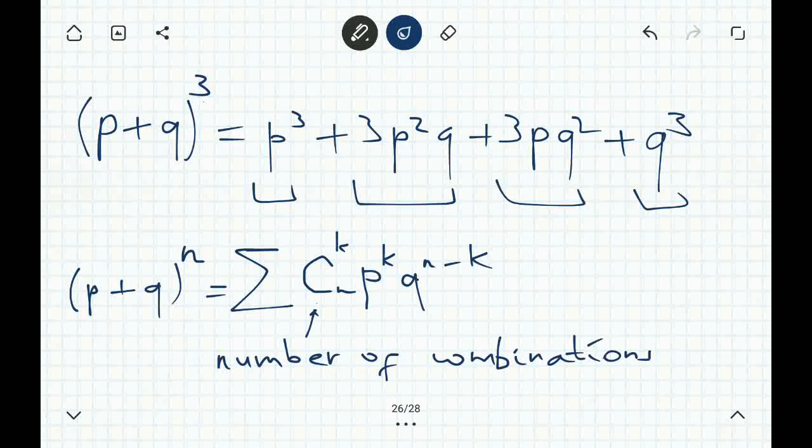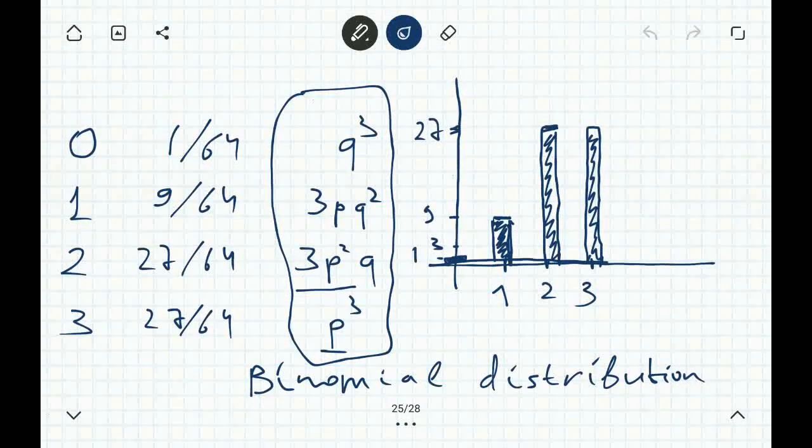Okay, so we know that these are the terms of the binomial formula. What about the probabilities? Well, we also know that each term is the probability for the corresponding value of k.